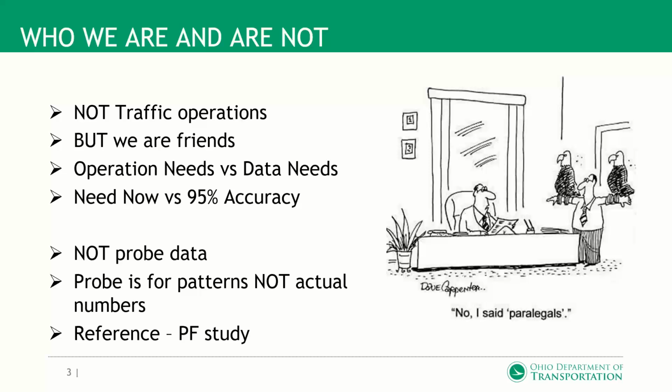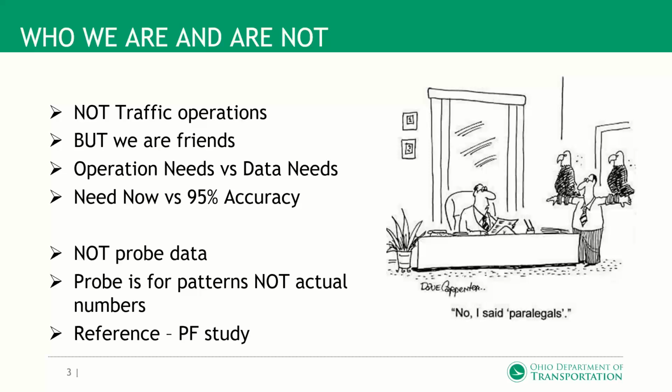So you may look at some of our permanent count stations and then turn and look at StreetLight data and say, well, these are great, they're so close. Well, they used a lot of our permanent count stations as calibration stations. So of course, if they were using those as their calibration points, they set those to be the same. So don't be fooled by that. That was very much part of a big pooled fund study.